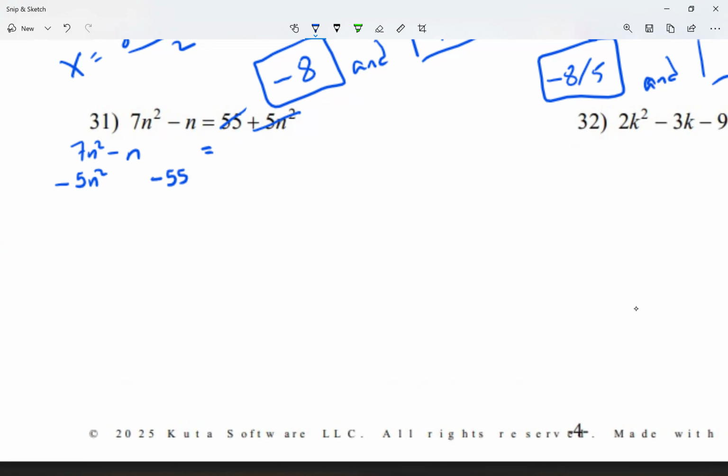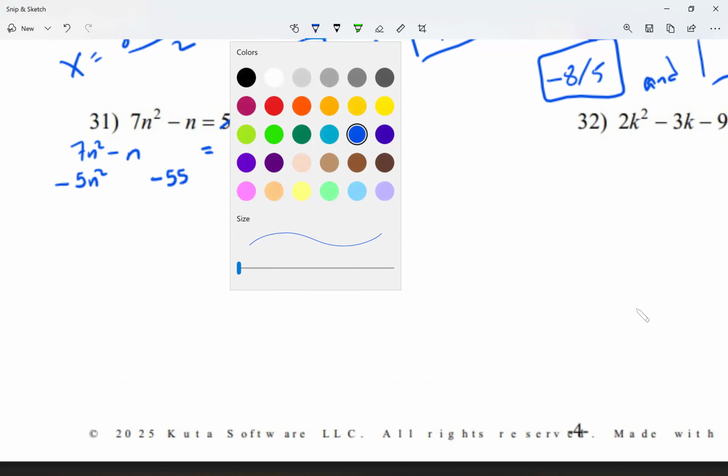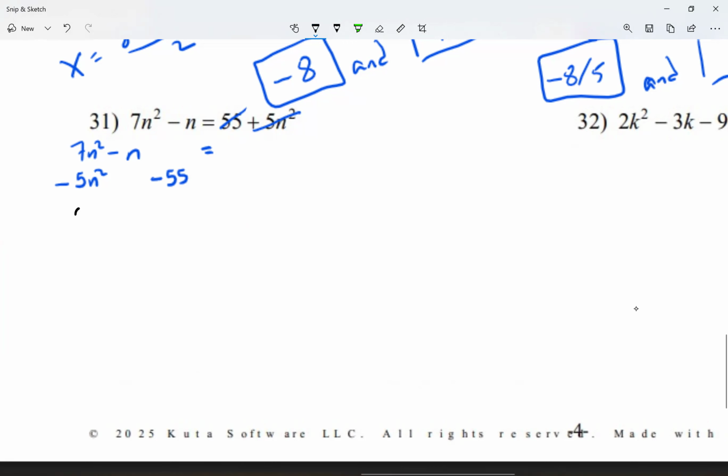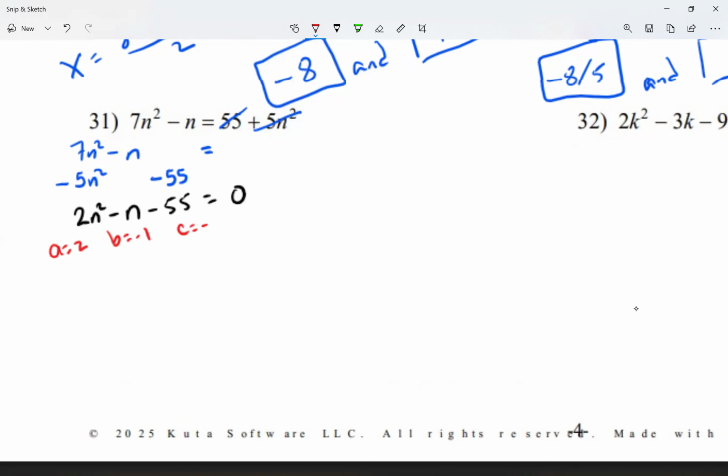So when I combine my like terms, let me write this in black, I happen to get 2n squared minus n minus 55 is equal to 0. I want the right side equal to 0 because I can find my values that I need. My A is 2, my B is -1, and my C is -55.